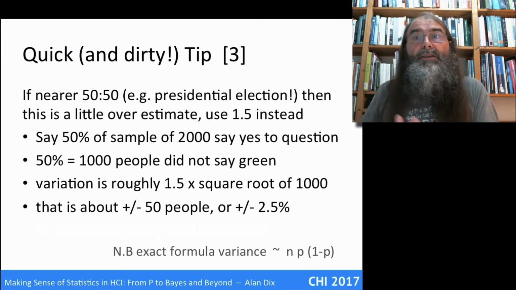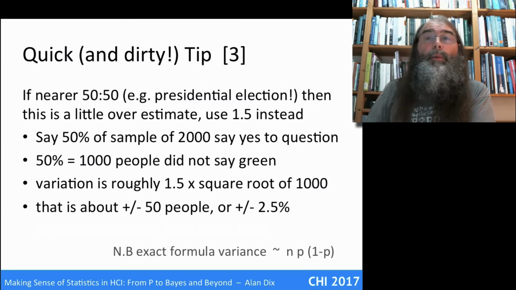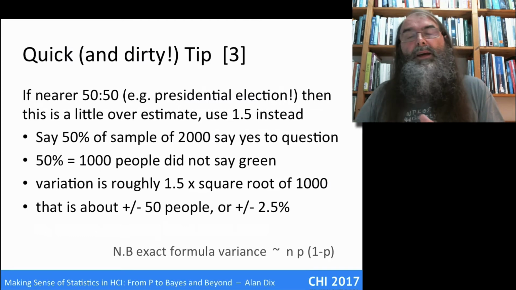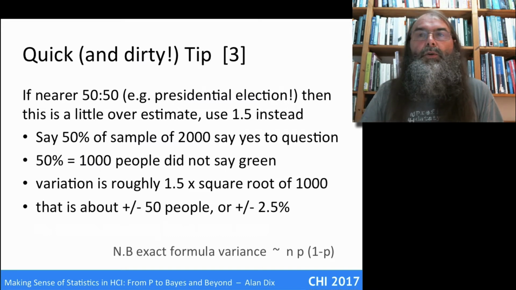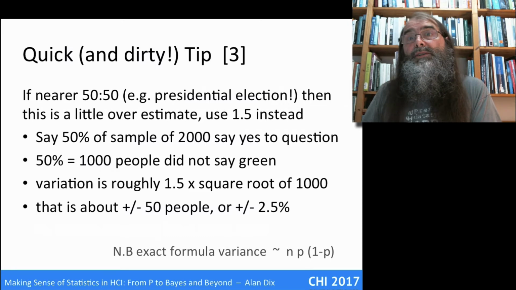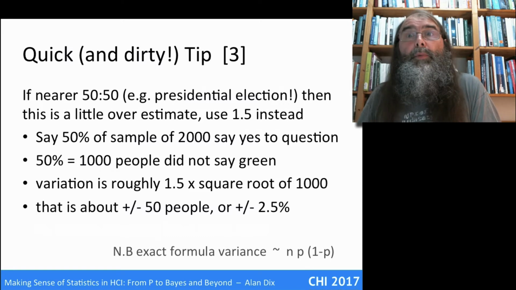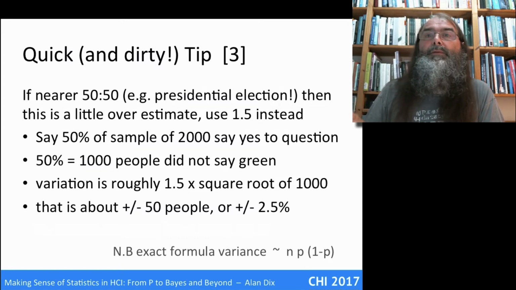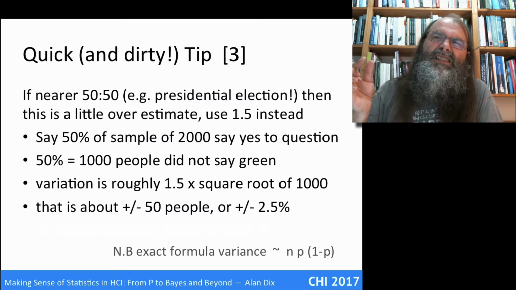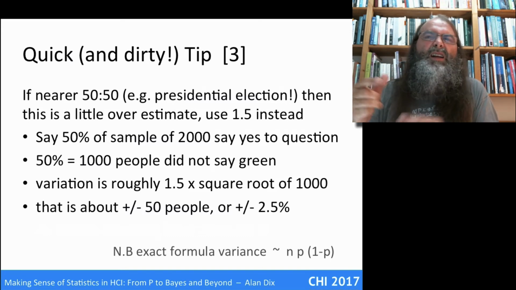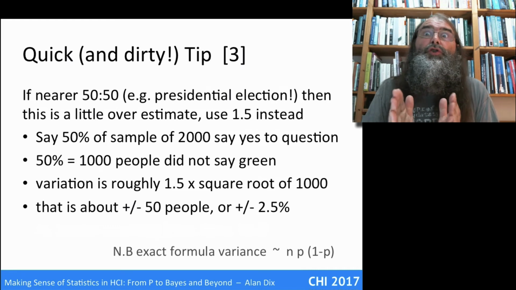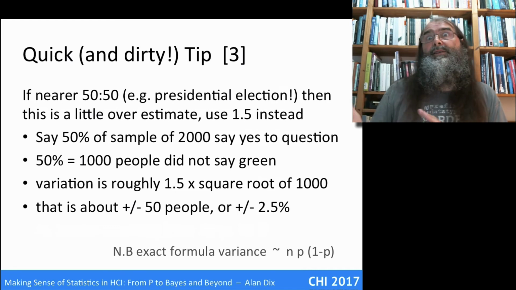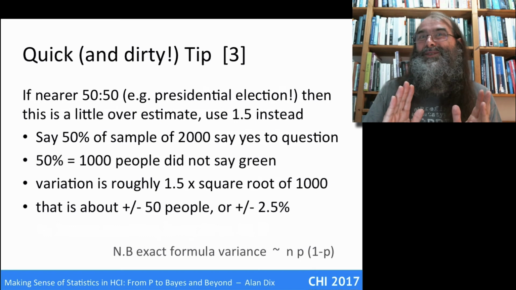I said these aren't exact numbers. There is an exact formula behind this, but when you're faced with that sort of data, those are the sort of numbers you're looking at. In particular, opinion poll data is often based on about 1,000 people. So you typically want to see differences between people of quite a bit more than 2% before you start to think one is likely to be the winner and the other one isn't.